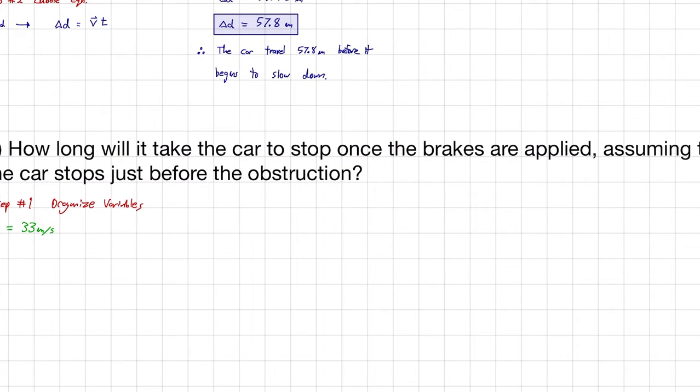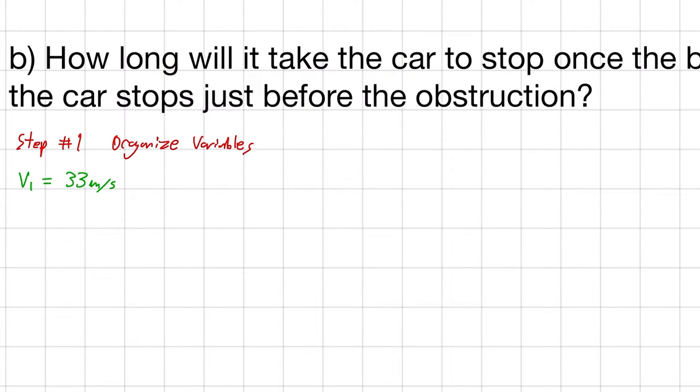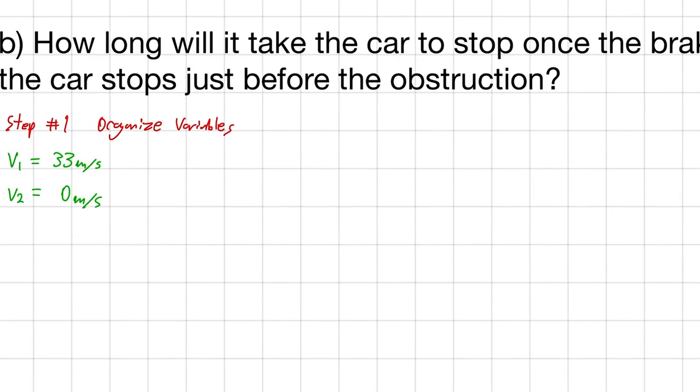And another piece of information that we know is we are looking to find how long it takes the car to stop. So when we stop measuring, our V2 is going to be 0 meters per second. We want to see when the car stops. So that's our V2.